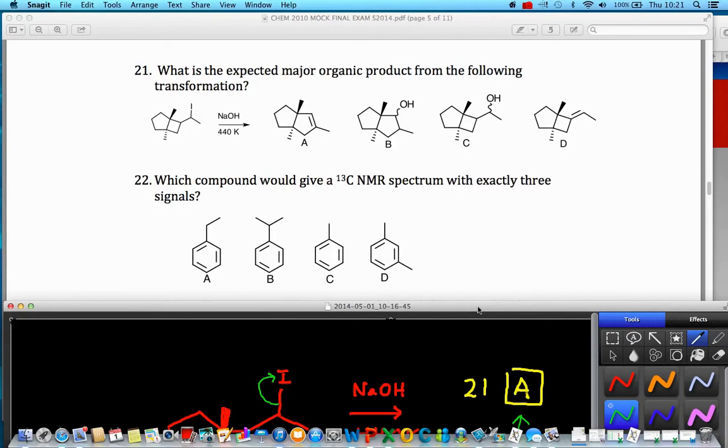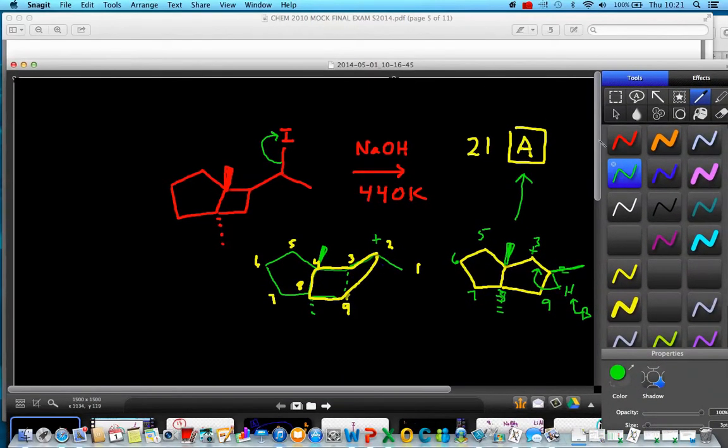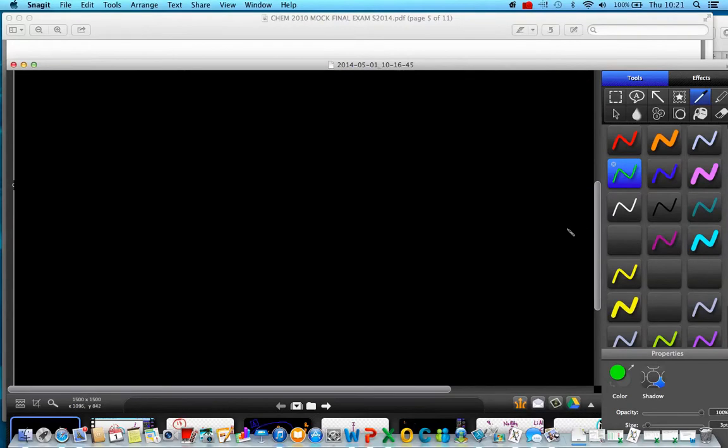22, which compound will give a carbon-13 NMR spectrum with exactly 3 signals? So remember, this is one of those problems where we had to adjust the structure. We have ethylbenzene. We have isopropylbenzene, better known as cumene. Remember, cumene is a precursor of phenol.